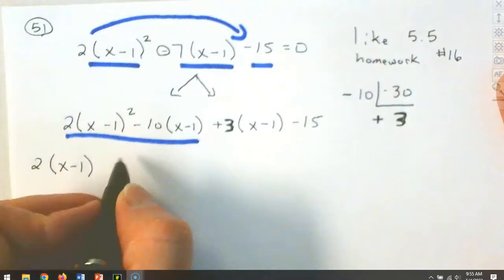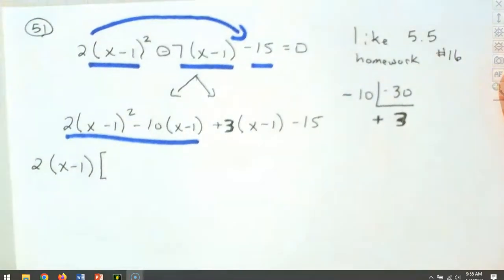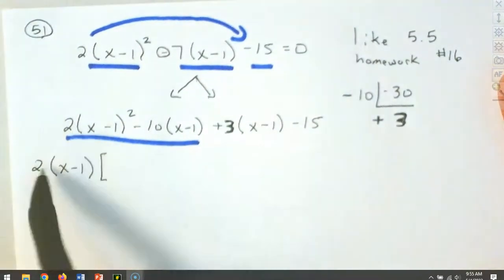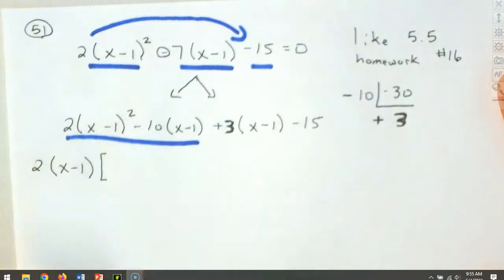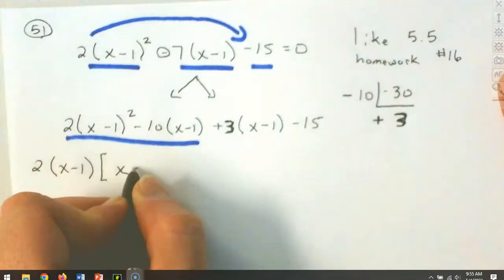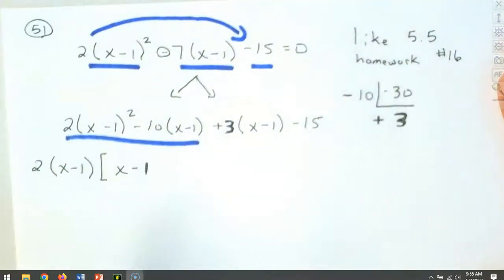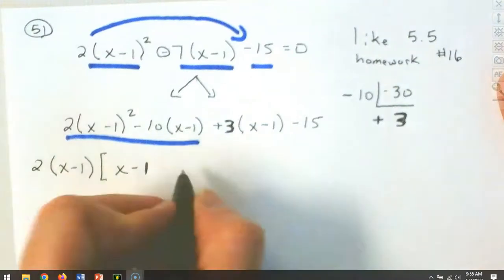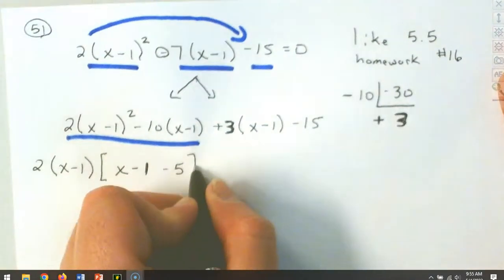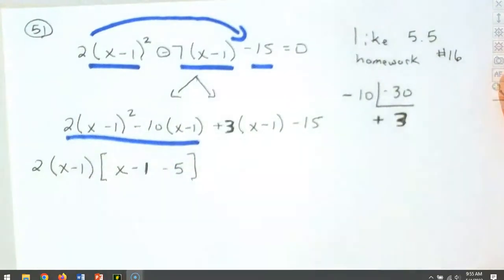And then just to make it easier, I always use square brackets so I can keep track of things. 2's cancel. The x minus 1, they're squared, so we took out one of them. So that leaves you with an x minus 1. And then we've got a minus 10. Well, minus 10 divided by 2, that's a minus 5. And the x minus 1 came out.